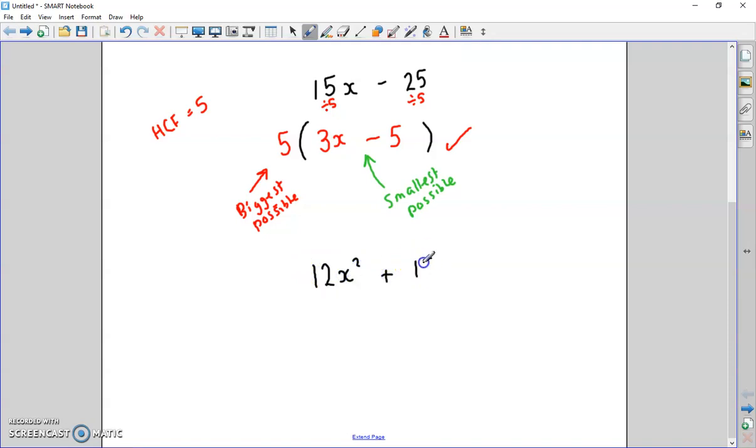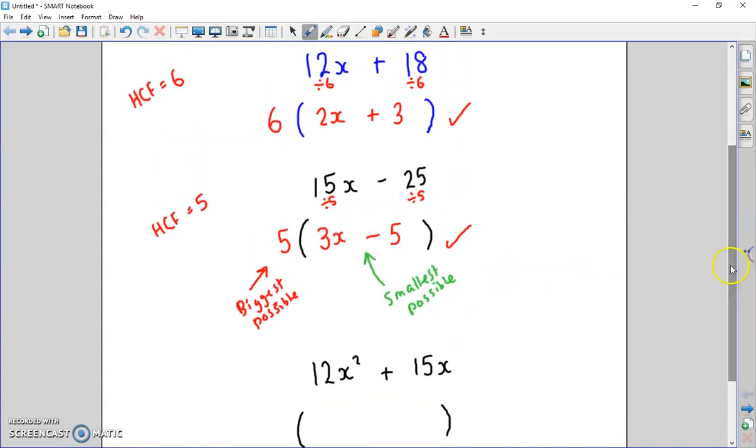something like, let's go for that then. Now if you look at how that question is different to the two above, the first term had x's in, the second term didn't. So the only thing we could divide by was a number.